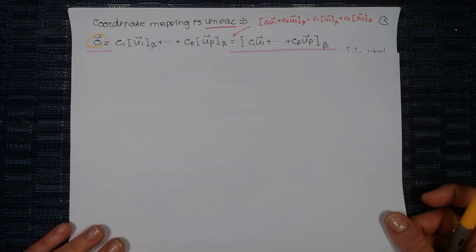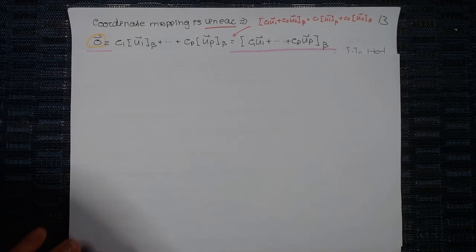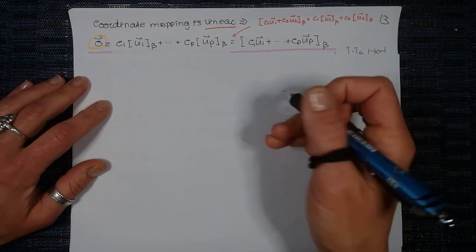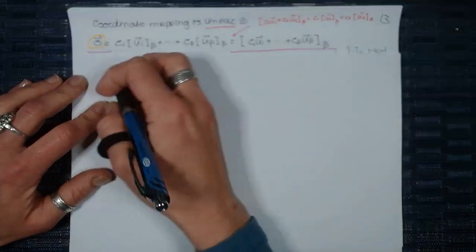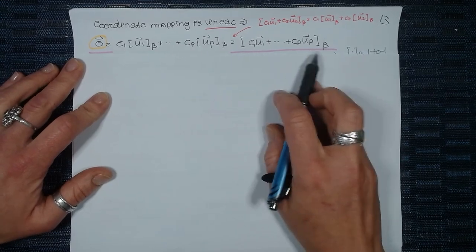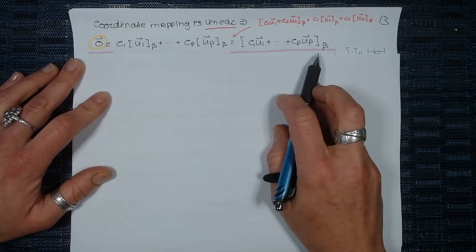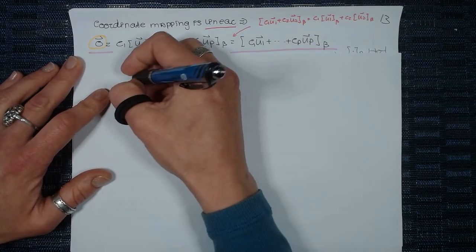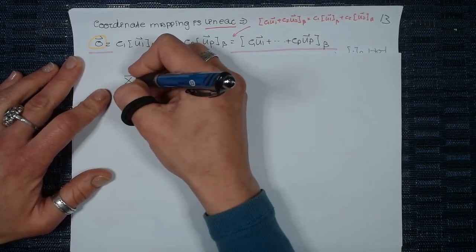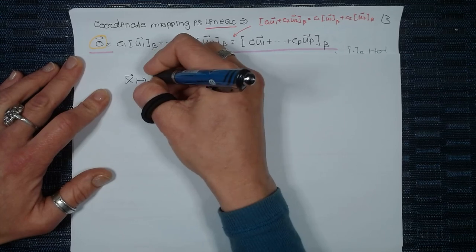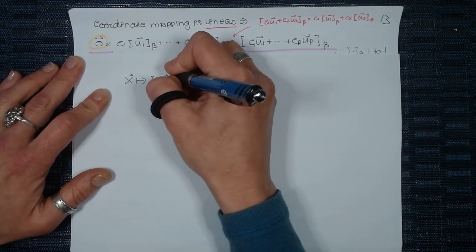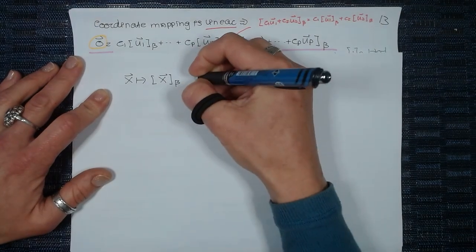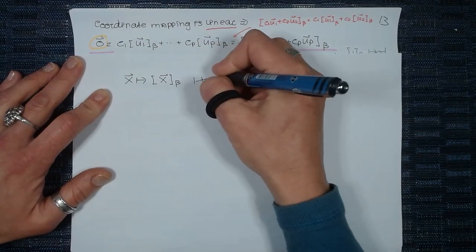And here, the best way to look at it, I think your book, when it goes over this proof, does this a little bit differently. I think the best way to look at it is, remember we talked about this mapping, not only is it linear, it's one-to-one and onto, right? And if the mapping is one-to-one, my mapping takes a vector x to its beta coordinate vector.